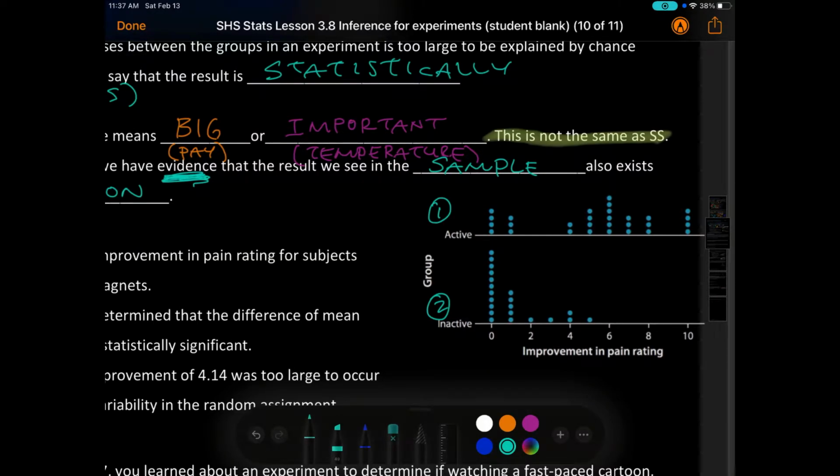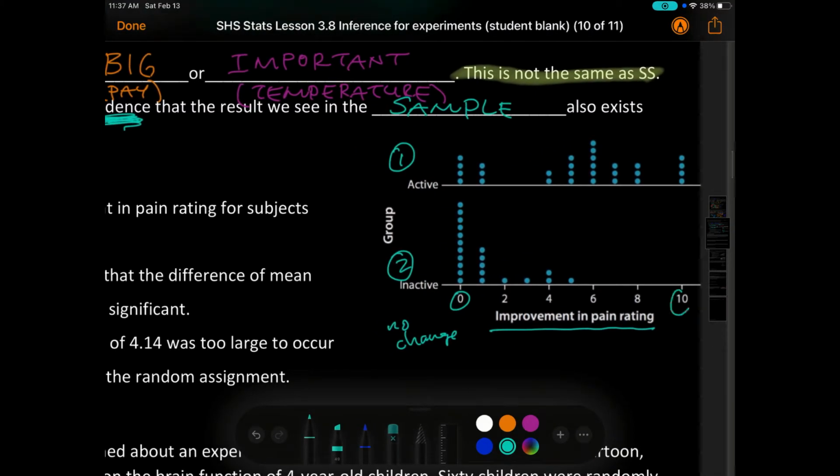Remember, in the dot plot one dot is one person. And they are showing us improvement in pain rating. So this is no change, and over here, this would be a big change.